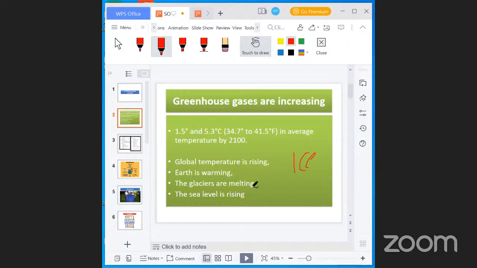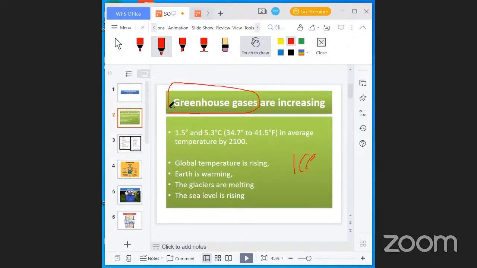So the most important cause of global warming is greenhouse gases, right? Greenhouse gases, which are generated naturally and by human activities. These are increased because of the increase in population and also economy.